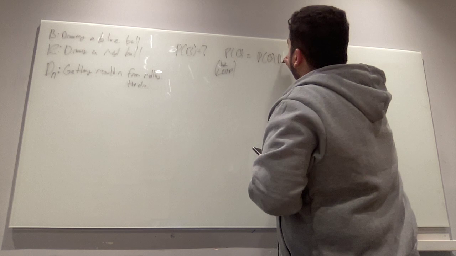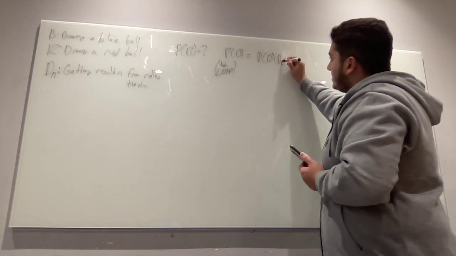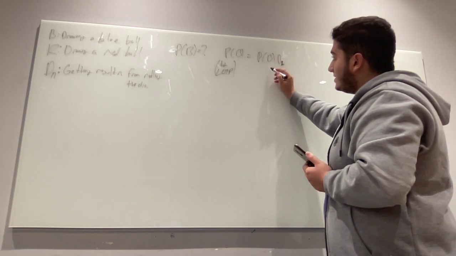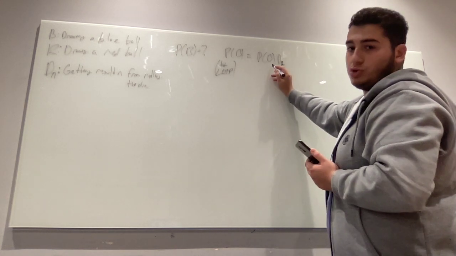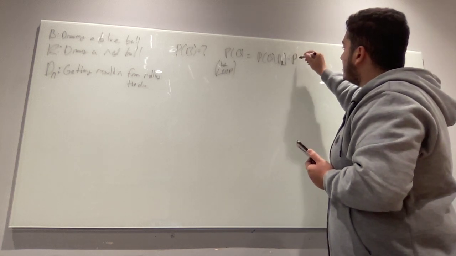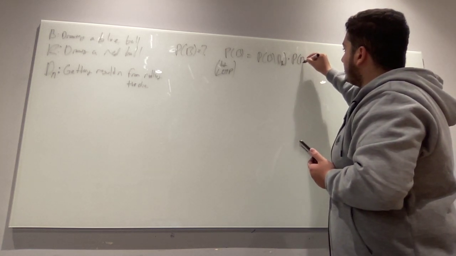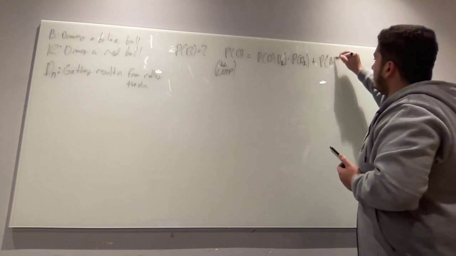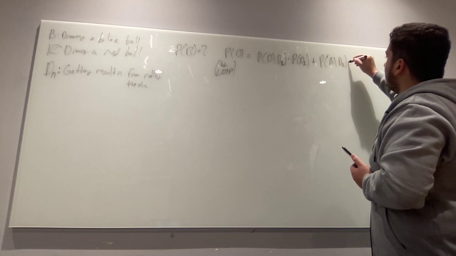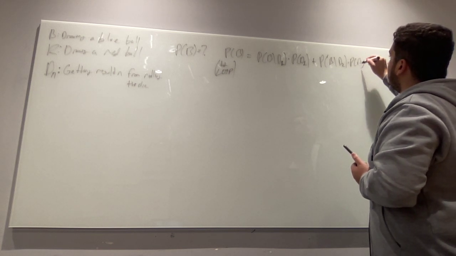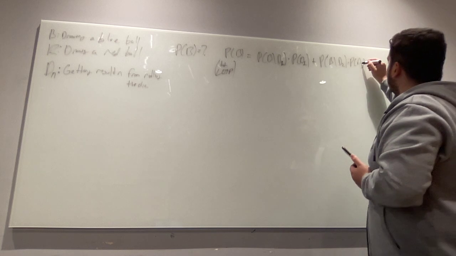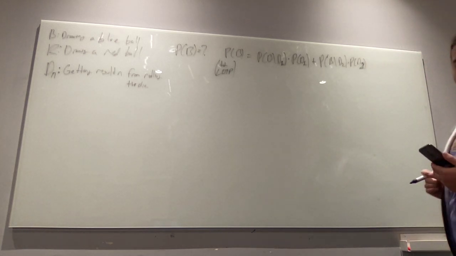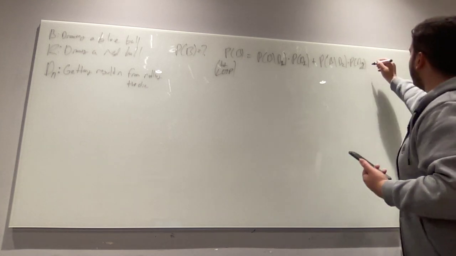Probability B given D1: if I get 1 from the die, I will pick 1 ball from the jar, and I am looking for that ball to be blue, times probability D1, plus probability blue given D2 times probability D2. It goes like that. I don't want to write all of them.